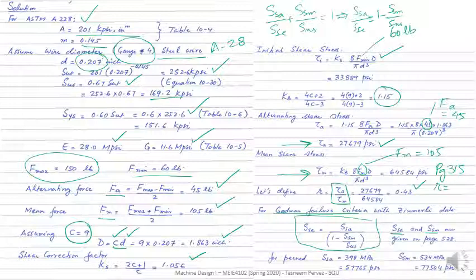SSA and SSM are given on page 528, and this is for peen, so I just have taken that material, but since we are solving a problem in FPS units, I have converted these from megapascal to PSI, pounds per square inch.